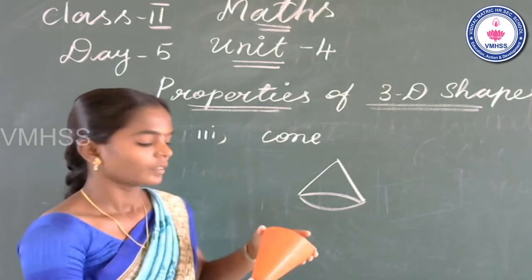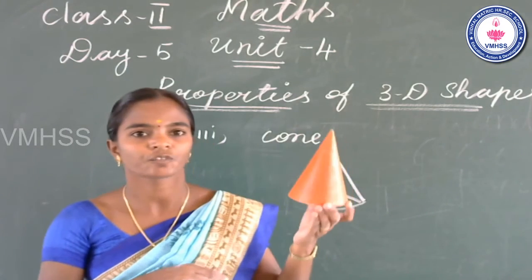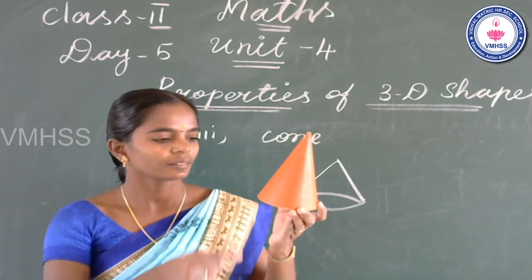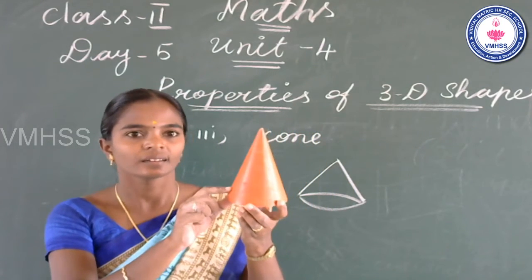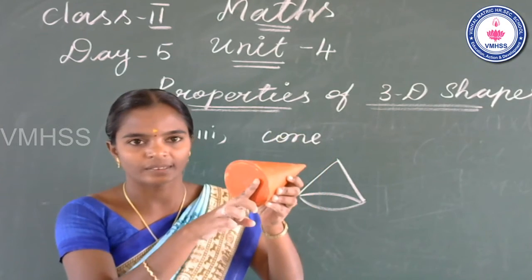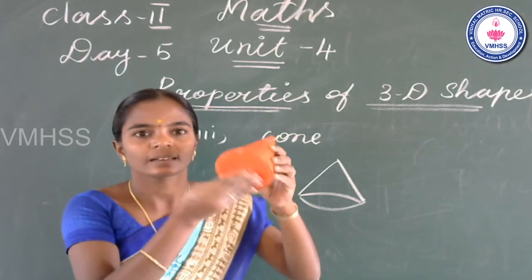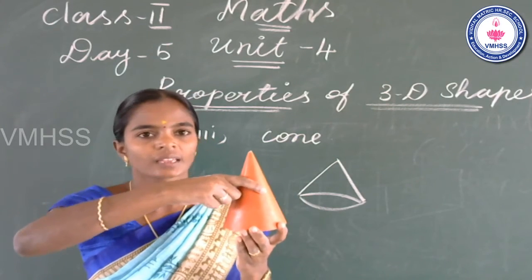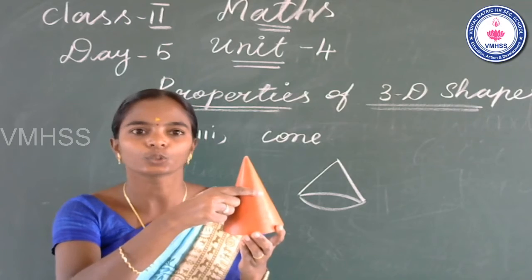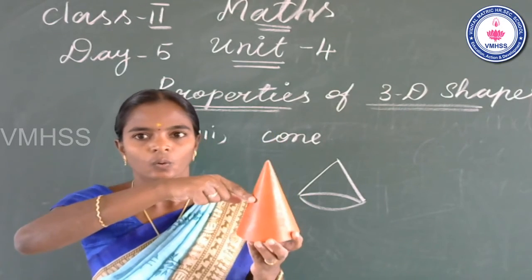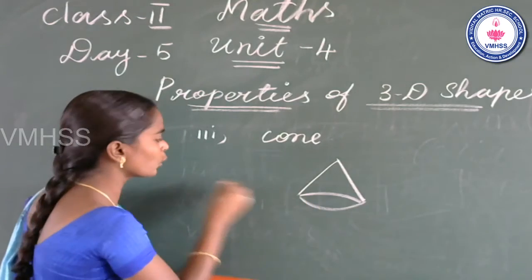Children, listen. See the shape. So this cone shape. There are 2 faces given. This flat face, this curved face. So number of faces 2. 1 flat face, 1 curved face.